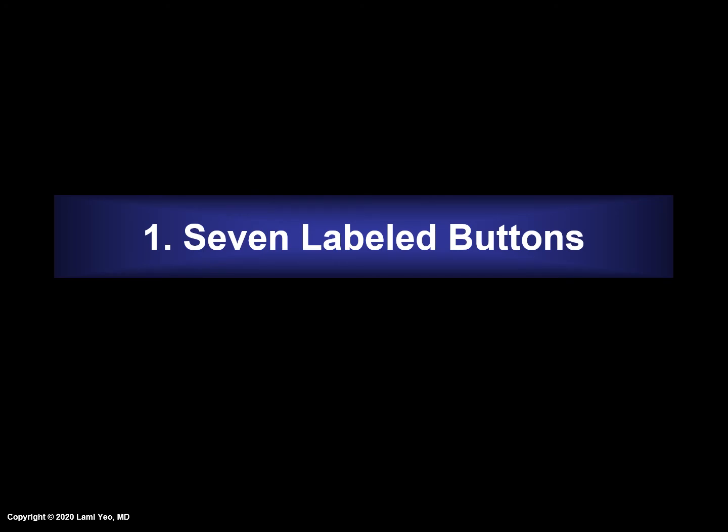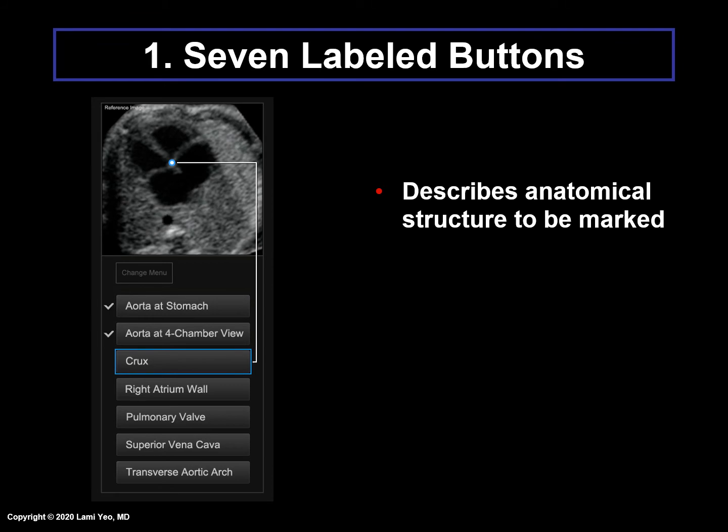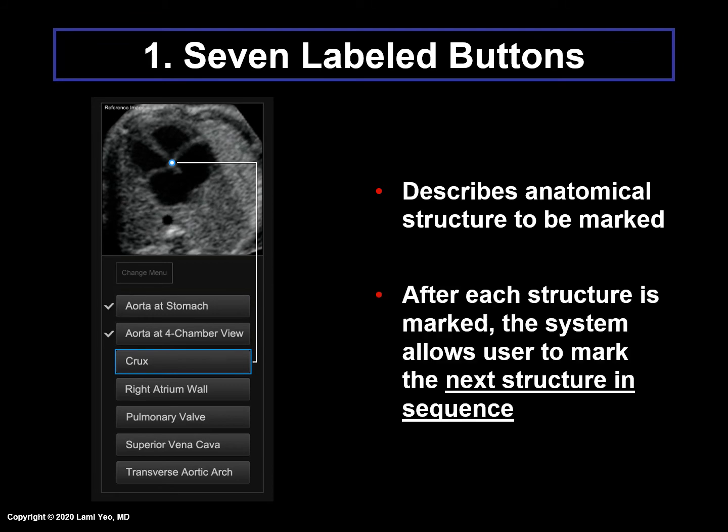The first is 7 labeled buttons. Anatomic box provides 7 labeled buttons. Each label describes the anatomical structure to be marked, and after each structure is marked, the system sequentially allows the user to mark the next anatomical structure in the image.